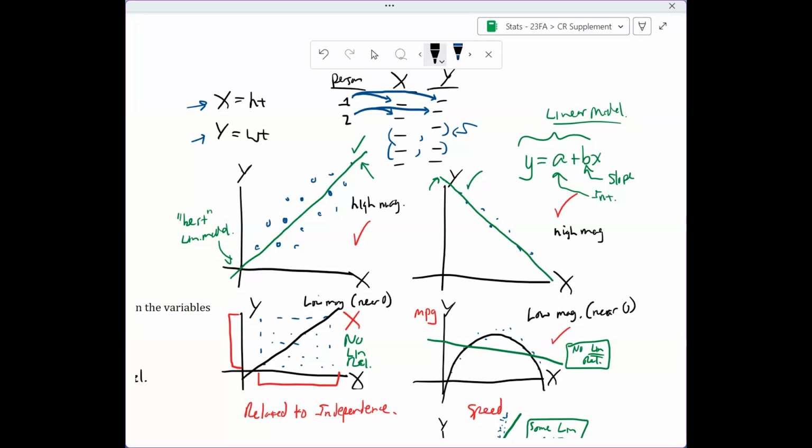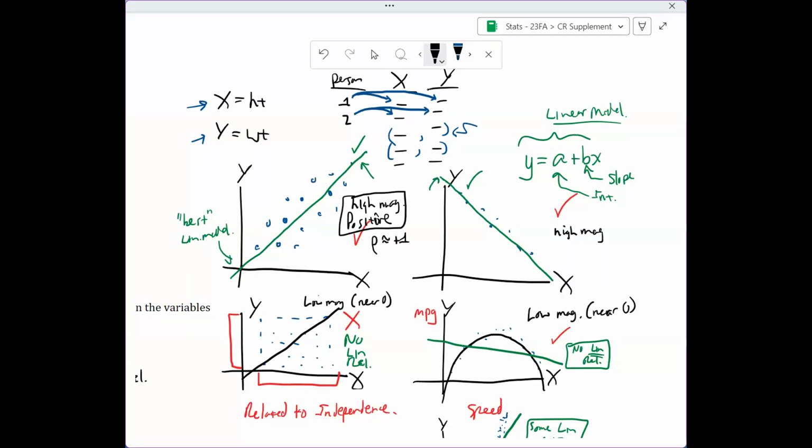Lower values of x tend to be associated with lower values of y. So this is a positive linear relationship. In other words, my correlation would be near +1. Maybe 0.7, maybe 0.8, maybe 0.9, but it would be a positive number that's getting up near 1.